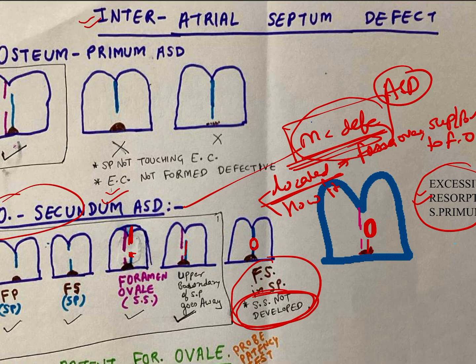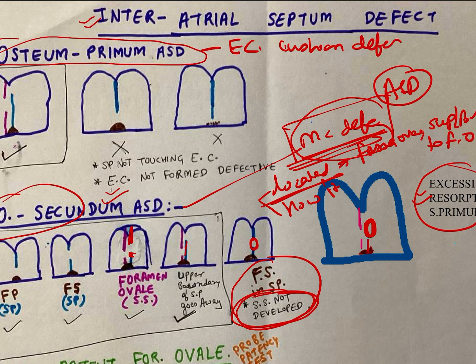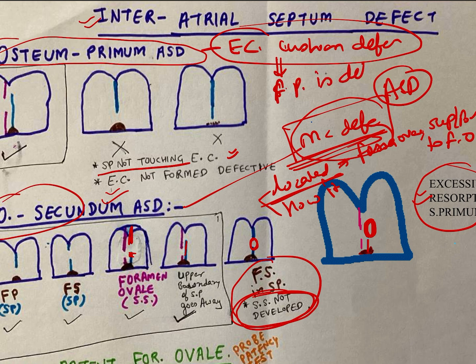Another pathology in the atrial septum is known as ostium primum ASD. This is because of endocardial cushion defect. Either a defective endocardial cushion, or the septum primum is not touching the endocardial cushion properly. Then the foramen primum is defective actually, hence it is known as ostium primum ASD.